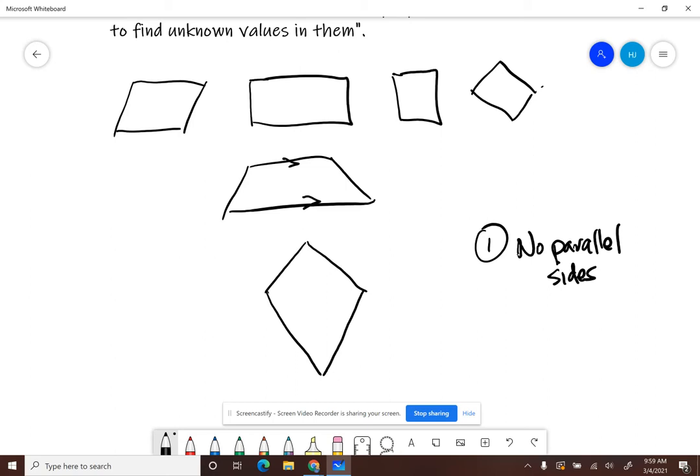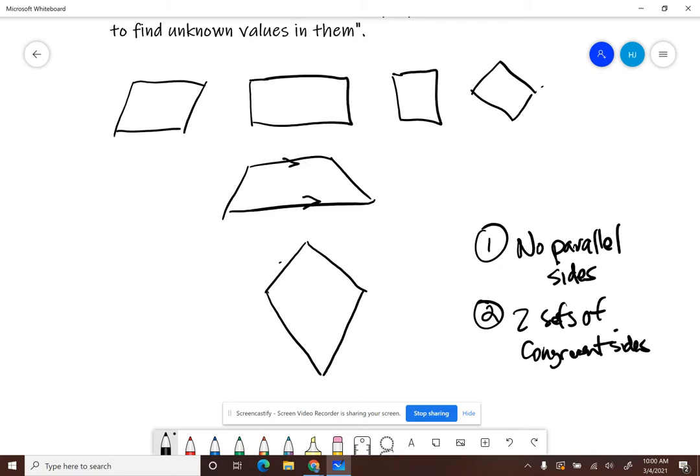None of these sides are parallel. Okay. But again, don't be deceived because there is tons of other things that are going on with a kite. And so in order to make it a kite, you have to have two sets of congruent sides.